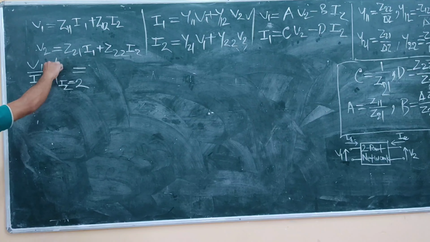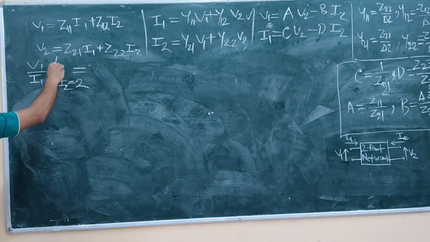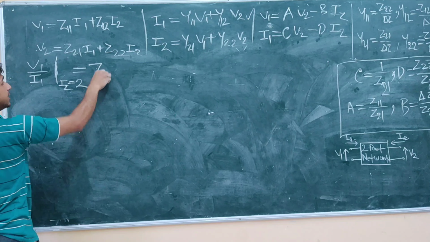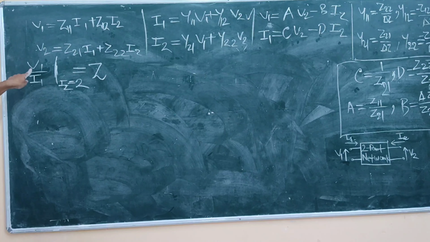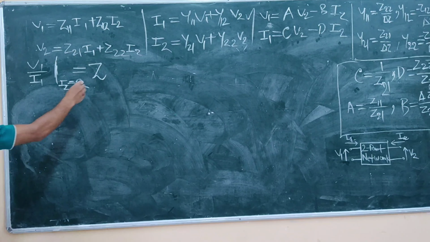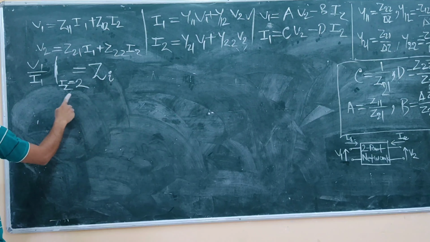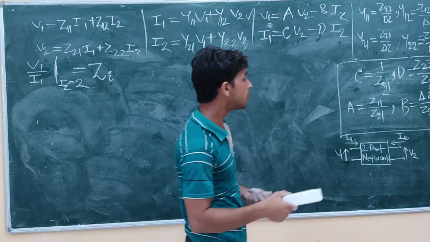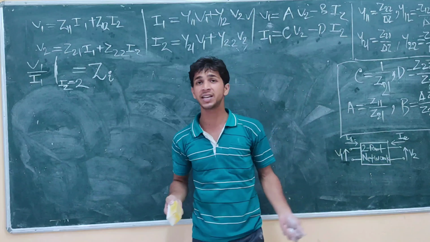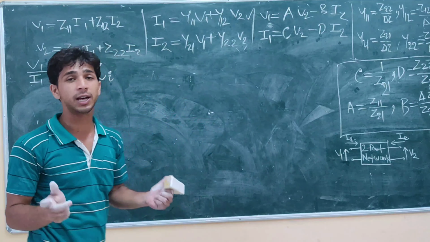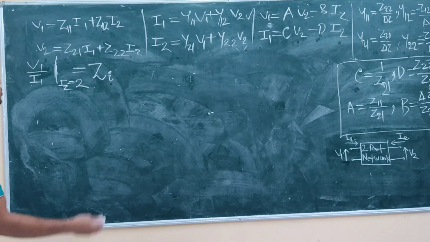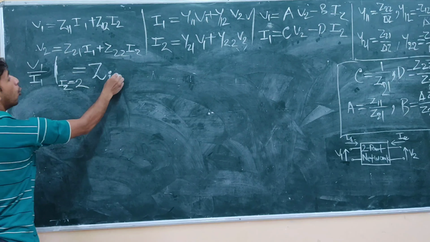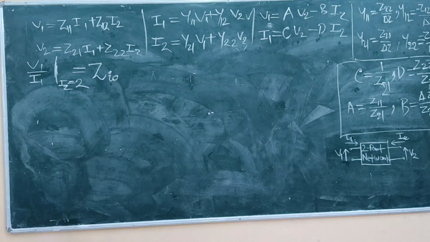We have to symbolize this by another symbol. We symbolize this by Z, and V1 and I1 are input terms. So Zi represents input, and at the output we have I2 equals 0. How do we make I2 equal to 0? We have to make the output an open circuit, because whenever there is an open circuit, there will be no flow of current. So we symbolize this term as O. O means output is open.